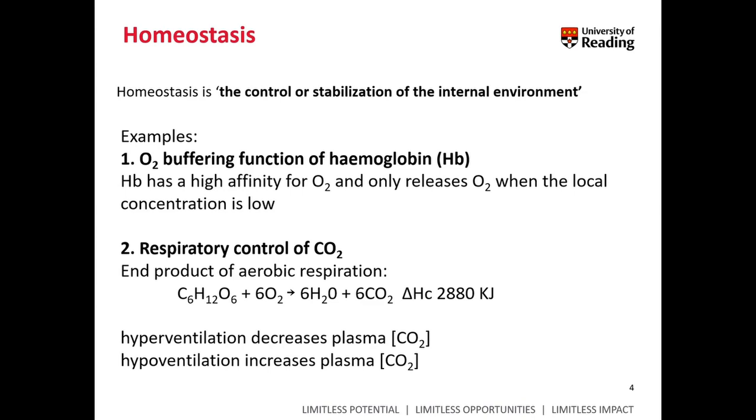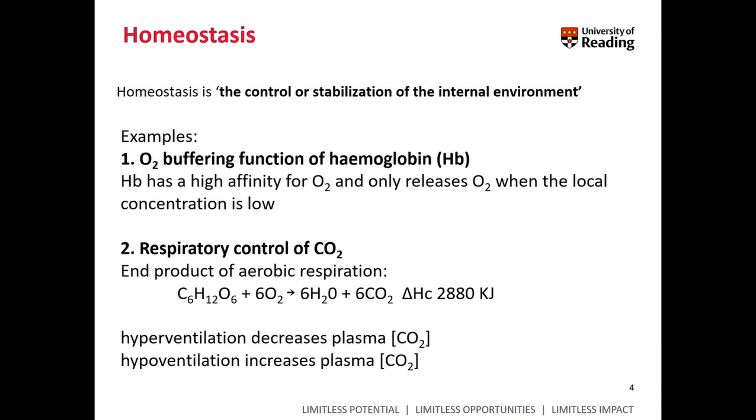CO2 levels in the blood are mostly regulated via respiration. When I say CO2 levels in the blood, I mean carbonic acid levels in the blood, because you know that CO2 in the blood can either be bound to hemoglobin, while the free fraction of CO2 in the blood is dissolved in the form of carbonic acid.